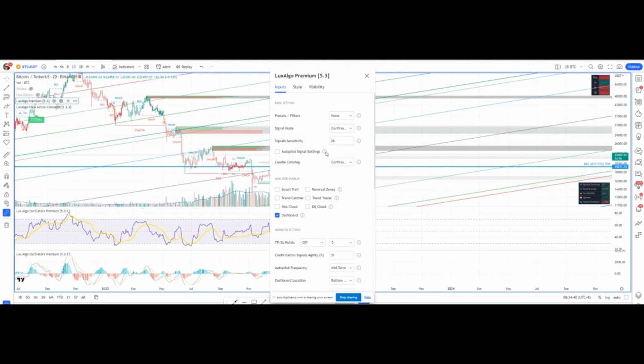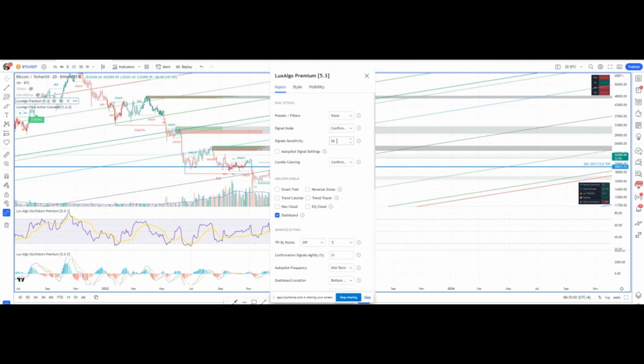Obviously it works fairly well. Now on the longer term time frames, 2 days and weekly charts, these signal sensitivity levels don't change a lot and are very consistent. So generally what I do is switch autopilot off and add exactly the signal sensitivity level that Lux Algo recommends here, 26.